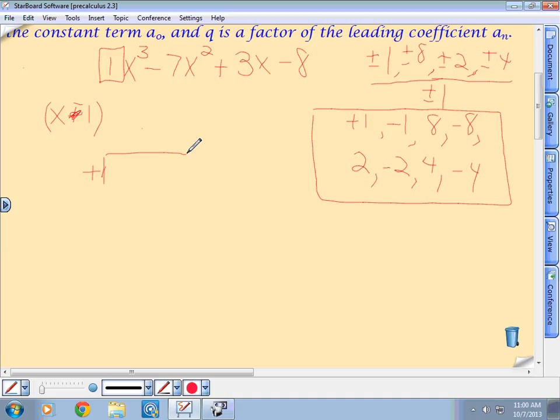Isn't it minus 1 from 7? You're just going to carry the 1 down, then multiply 1 times 1, which gives you minus 6. 6 times 1 is negative 6, which gives us a negative 3.